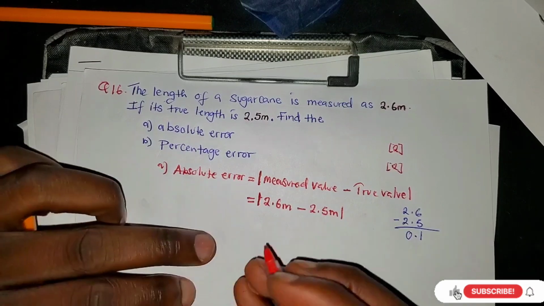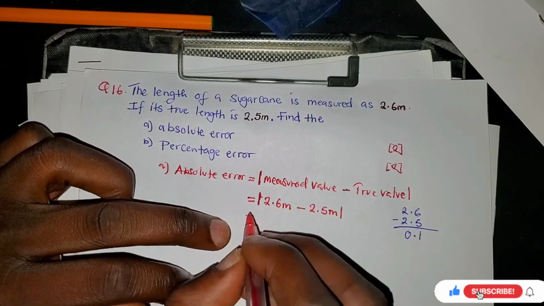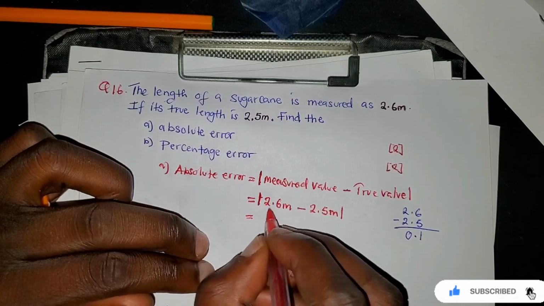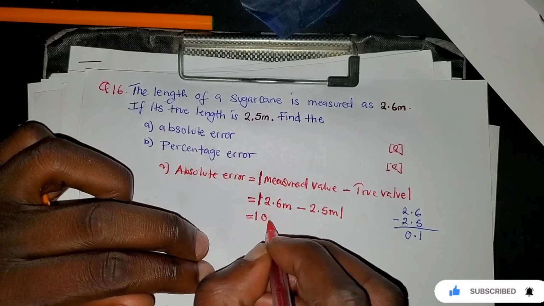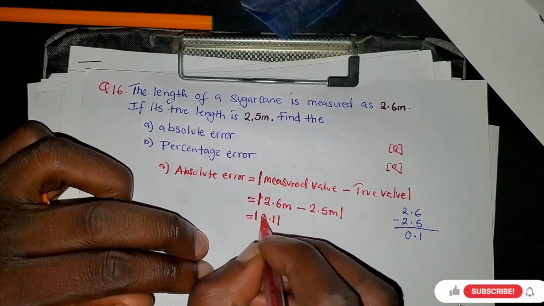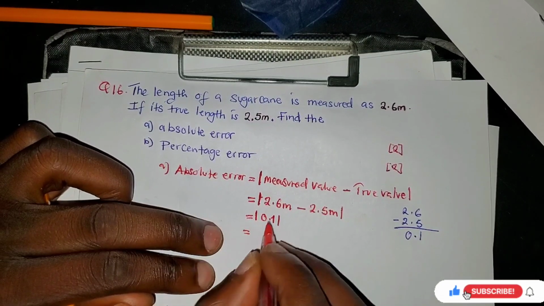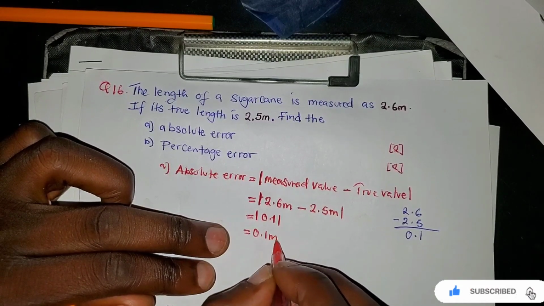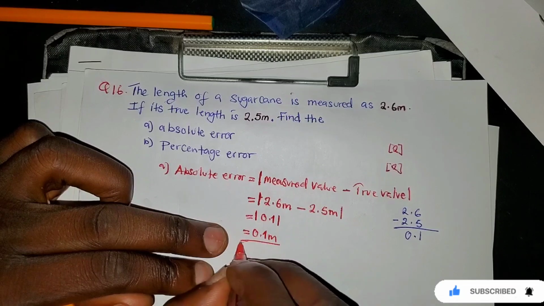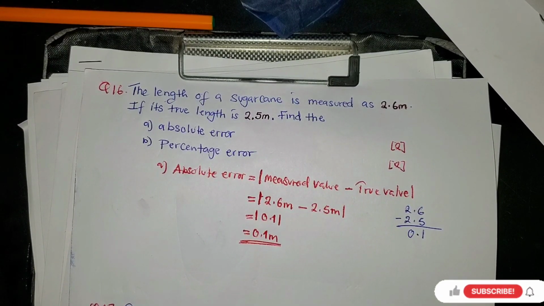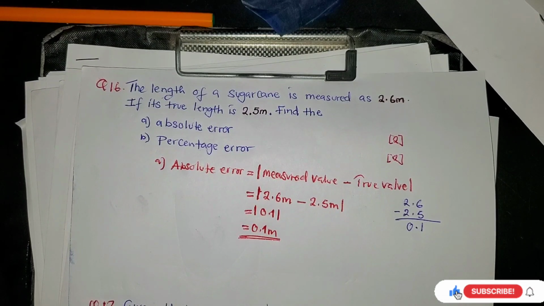The difference is 0.1, and the absolute value is positive 0.1. So therefore, the absolute error is 0.1 meters. Now, let's calculate the percentage error.